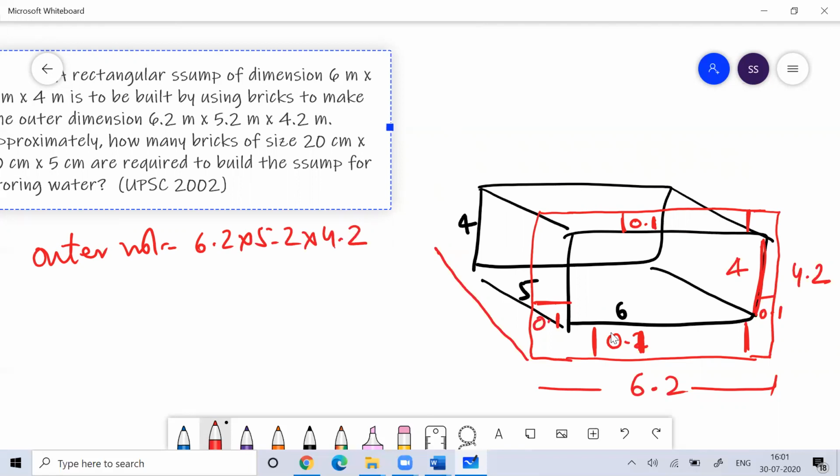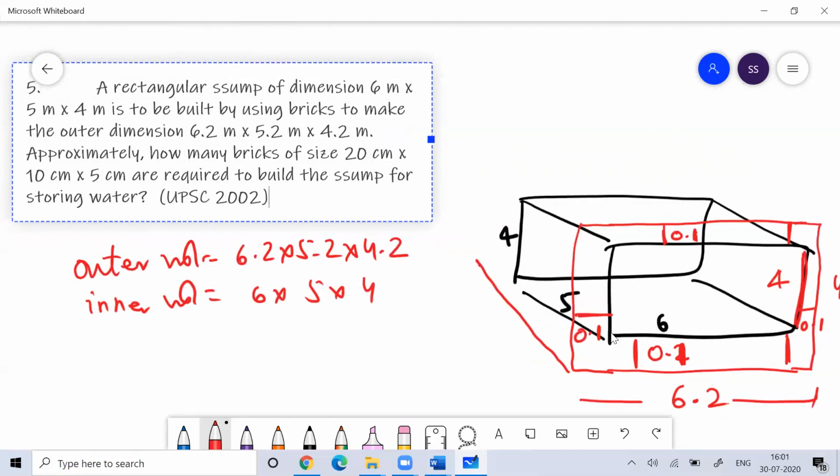And the inner volume is 6 into 5 into 4. It is built by using bricks. How many bricks of this size are required to build a sump for storing water? I believe the water will be stored in these places. That's why they gave you outer and inner dimensions.